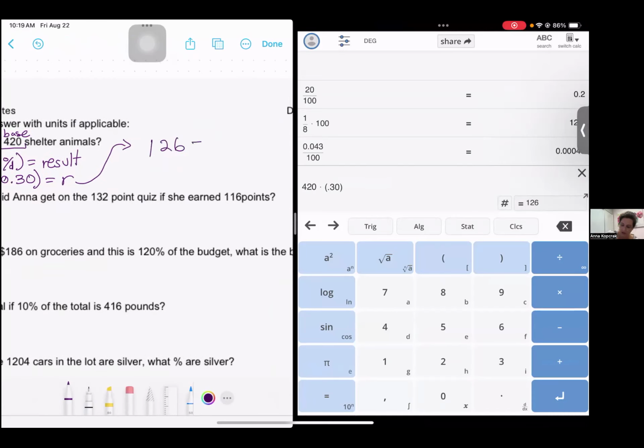So we can do this two ways. We can use base times percent as a decimal equals result, where the original base was some unknown amount, 20% off, and the money off was 4.50.